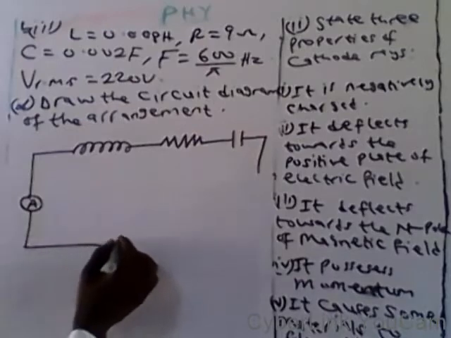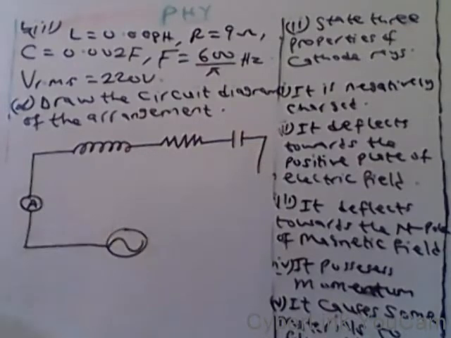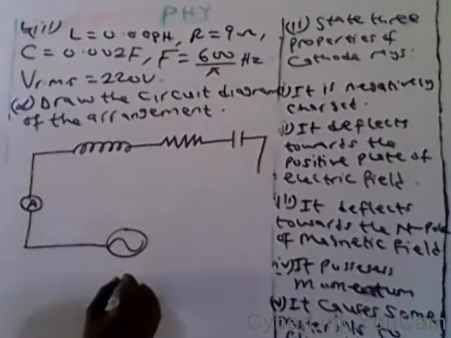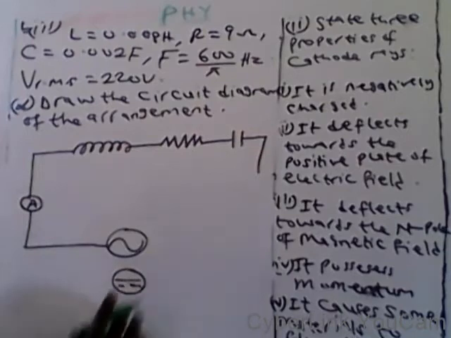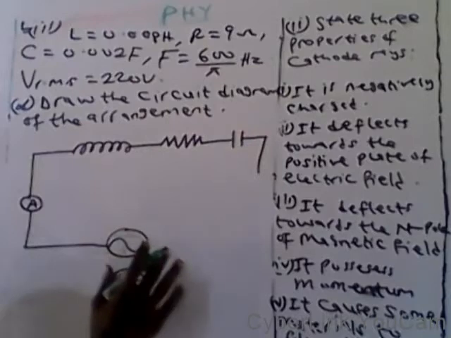Then, because it's an AC source, not direct current, it has a symbol of that. If it is direct current, we use this. But for an AC source, you use this one. Then you close the circuit.